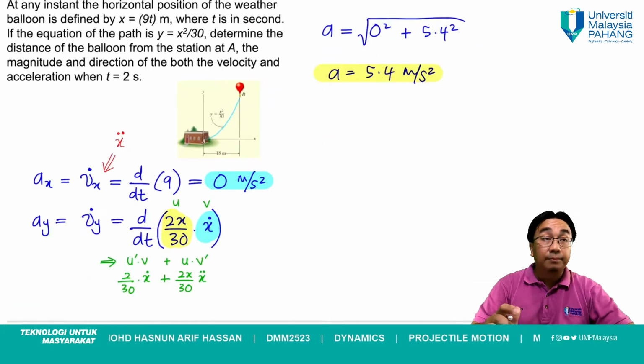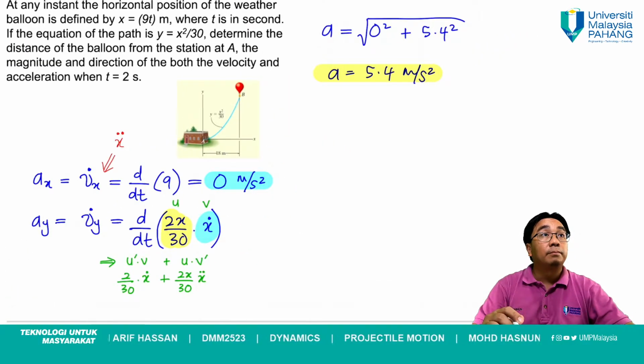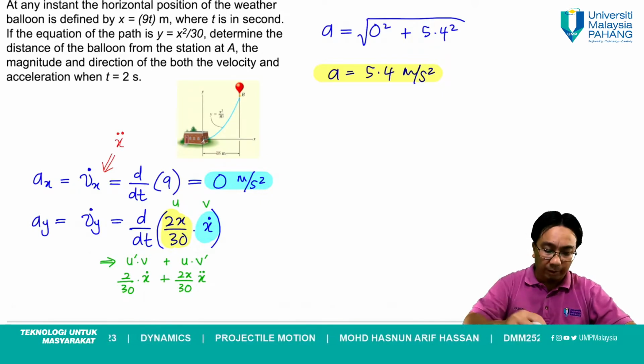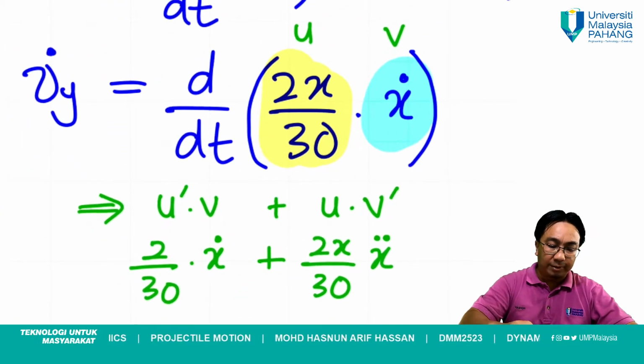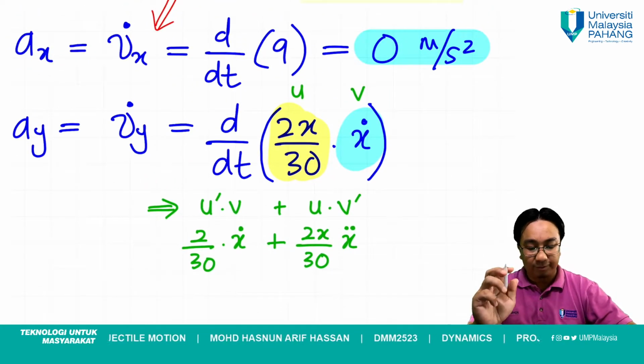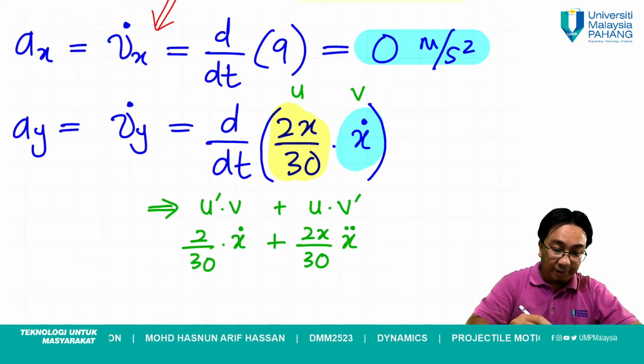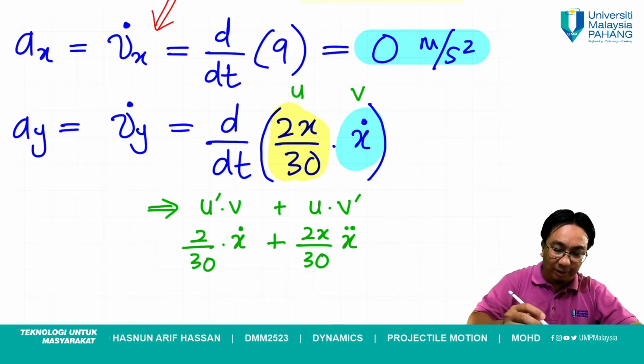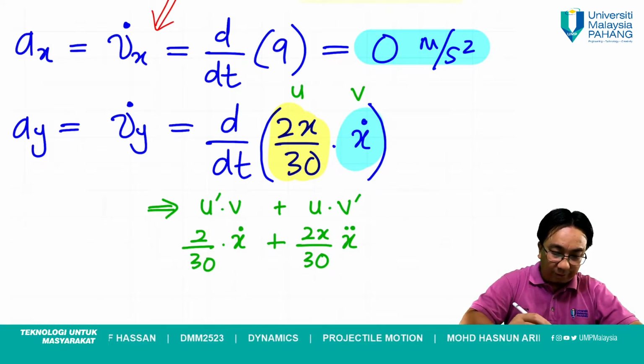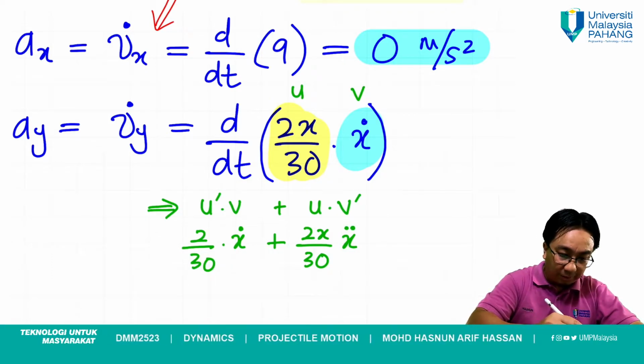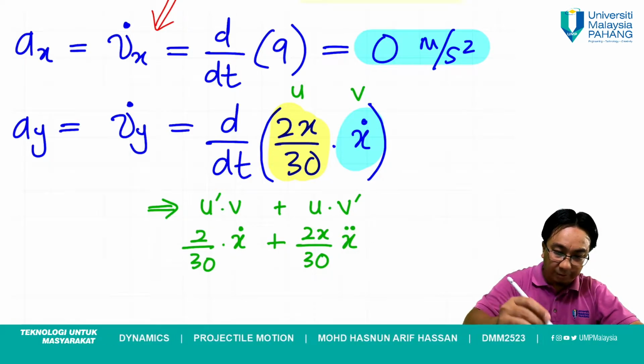Sir, yes, for the u prime, should we write 2x dot? Oh, sorry. Yes. Okay, I made a mistake. Okay, thank you. I only just noticed this when you asked. Okay, this is my mistake also, because how should I write this?